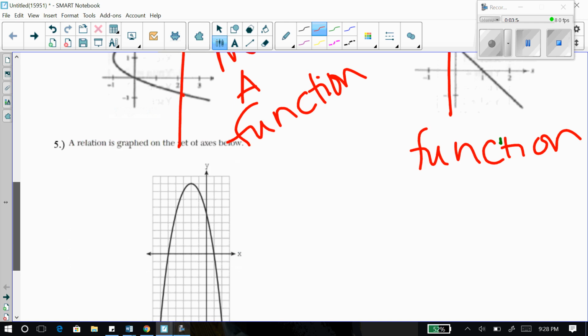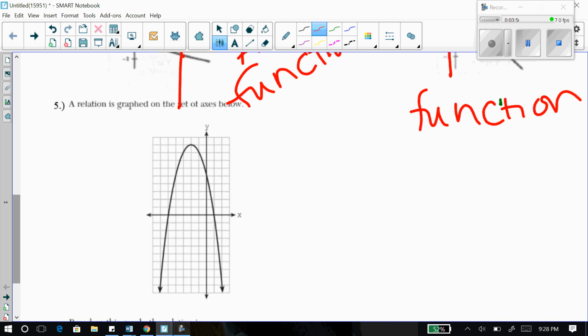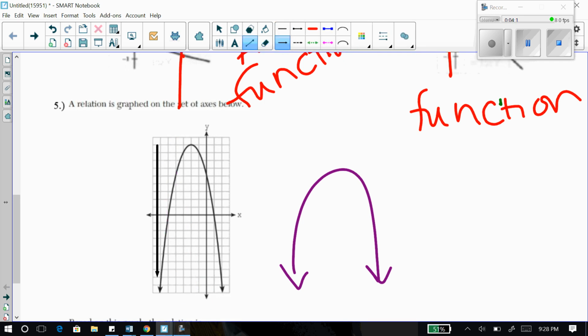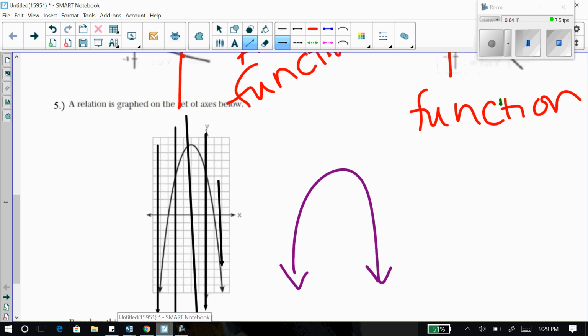Well, first off, is there a way for me to draw a vertical line and hit this graph more than once? Again, the graph of the parabola, this shape. Well, granted, my lines here are not perfectly straight, so let's use one of these. Nope, hits once. That one hits once, once.